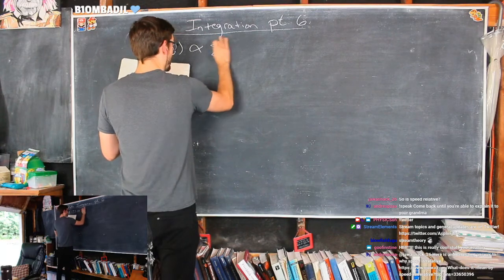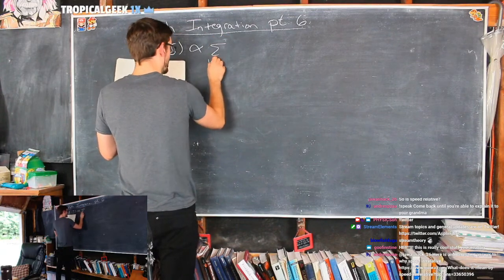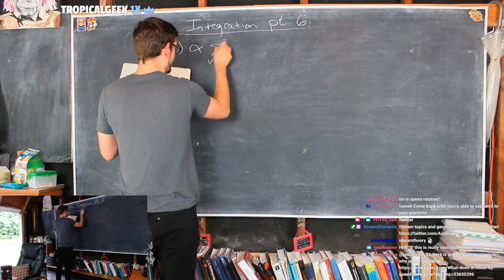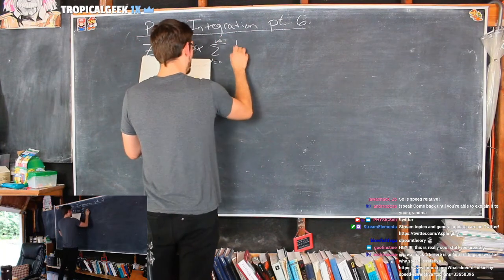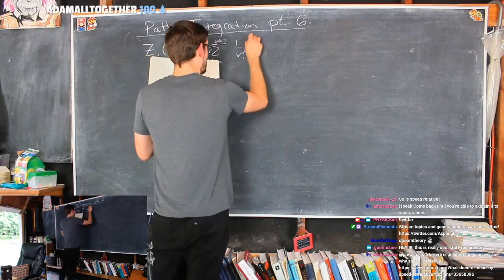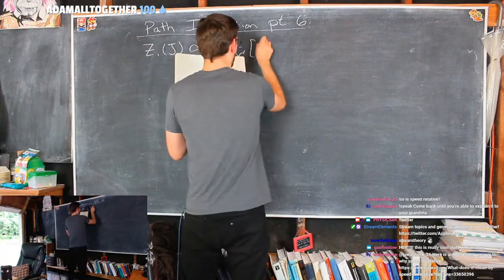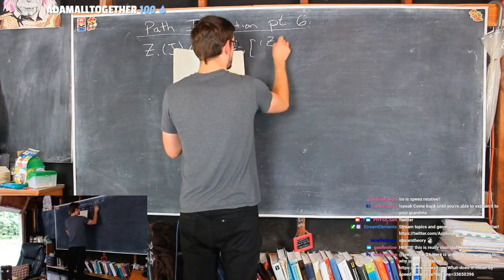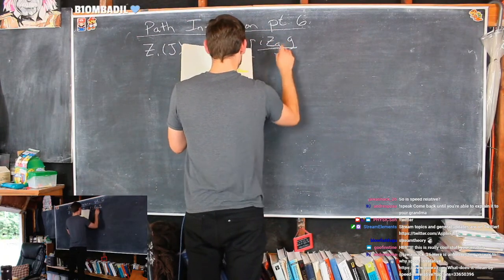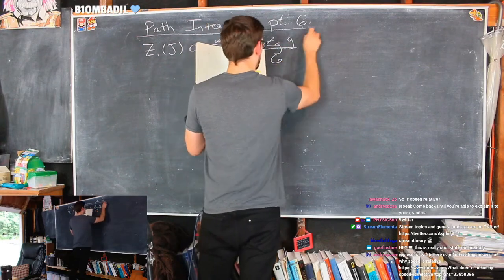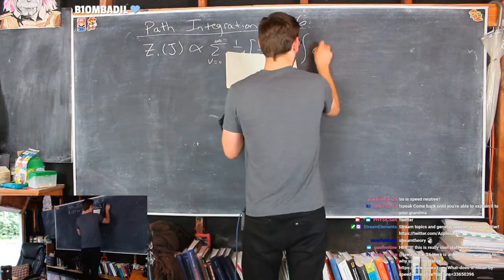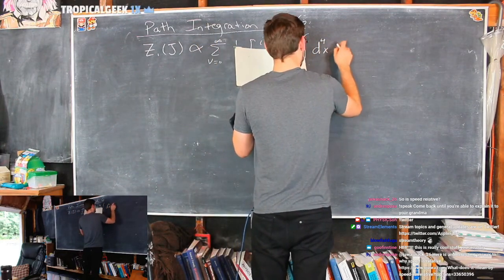So we have the sum over v from 0 to infinity of 1 over v factorial. And don't get worried about this, guys. If this looks like too much for you, then just look away. No, I'll explain again what we did last week and where this came from.